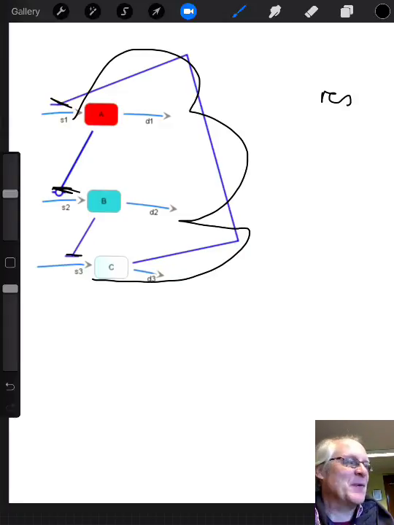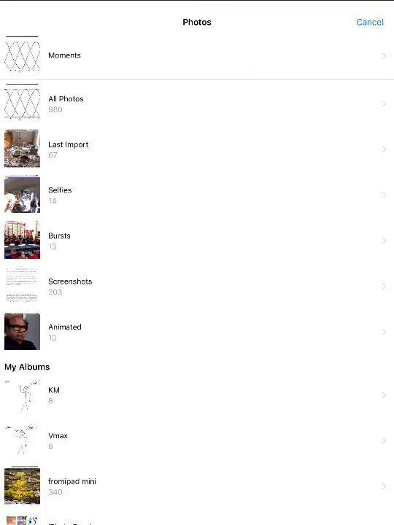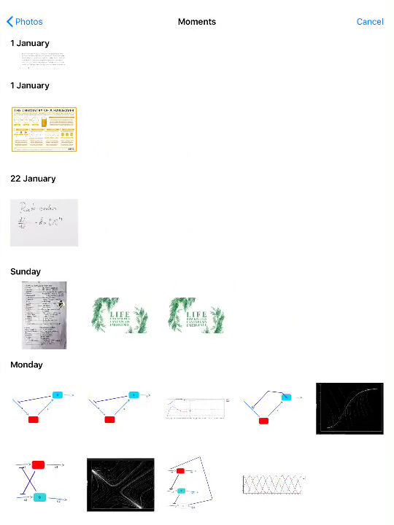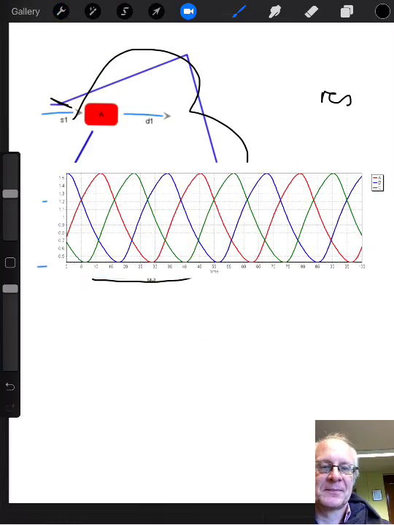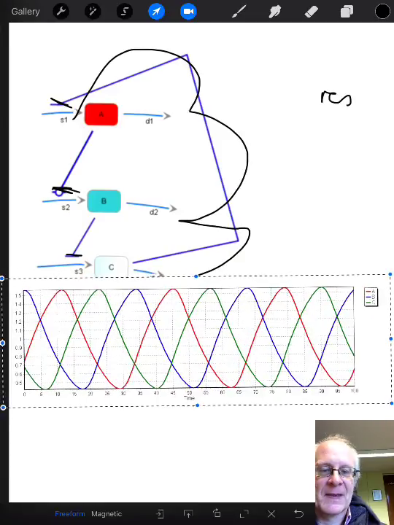Shall I tell you what happens? You're all right and wrong. Ha! You didn't expect that. This is actually what happens. The system starts to oscillate.